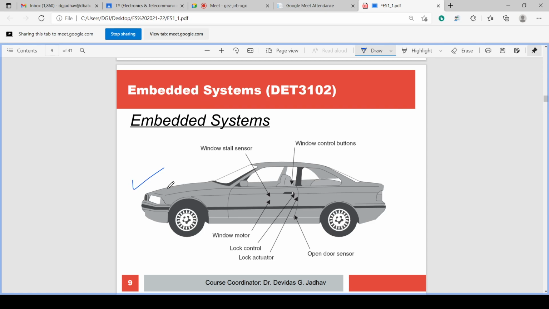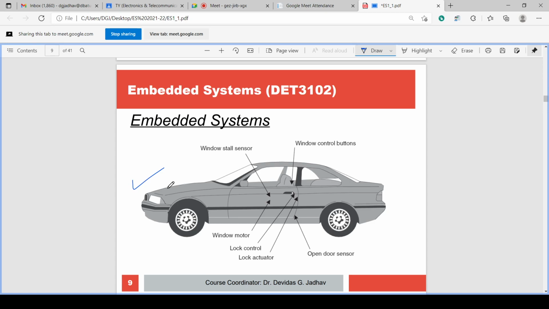If airbags are provided, all passengers will be protected. So automatically airbag opening will be there by sensing the impact on the front or rear side of the vehicle, or side of the vehicle. Wherever the sensors are placed, on those sides, if they get the impact due to the accident, then the airbags will be opened.